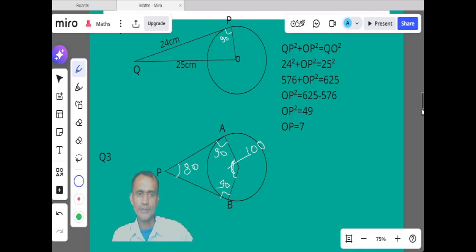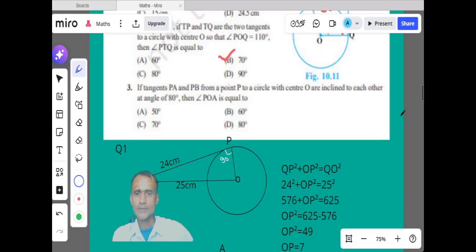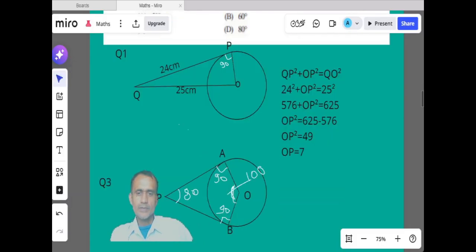So our angle AOB is 100 degree, and we are asked to find angle POA.